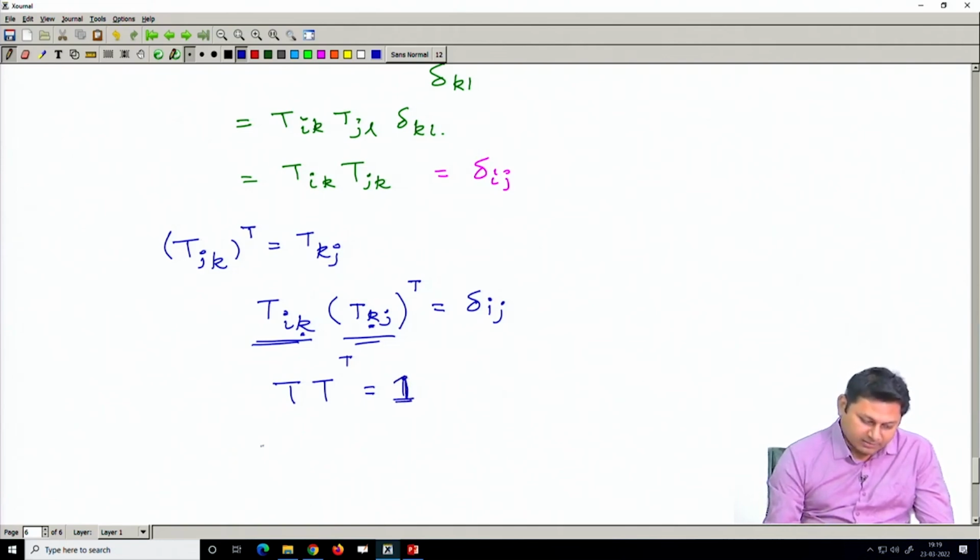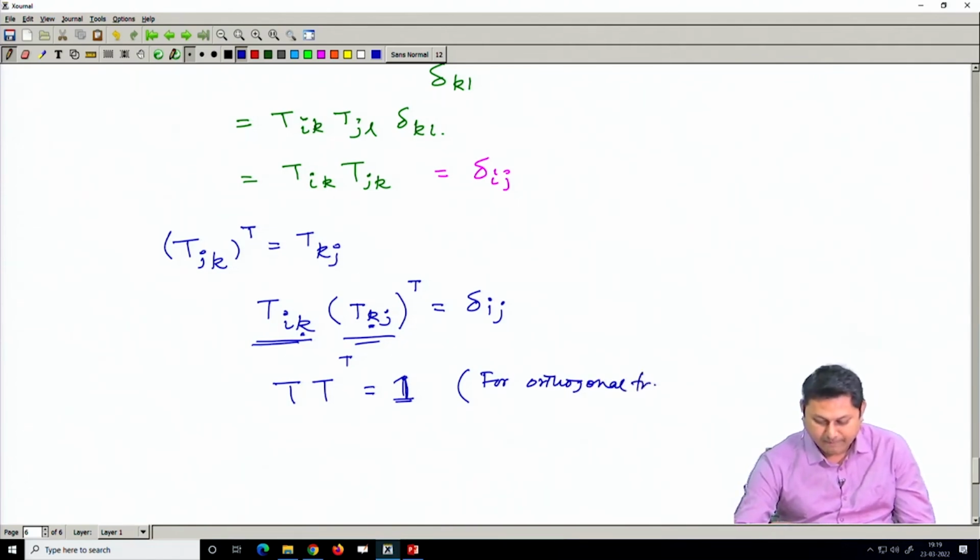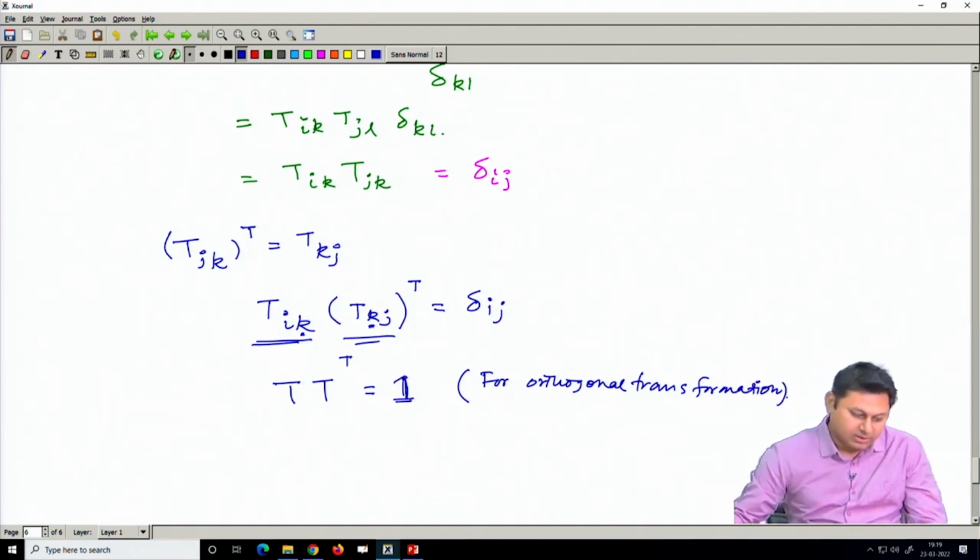That means for an orthogonal transformation, the matrix T has to satisfy this.